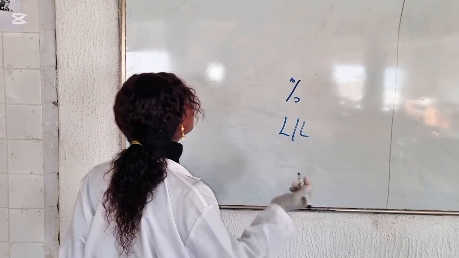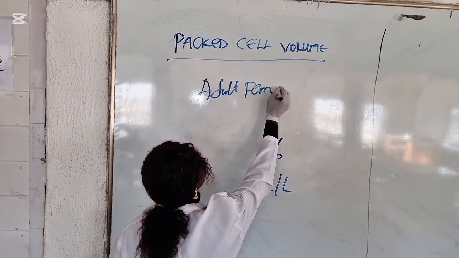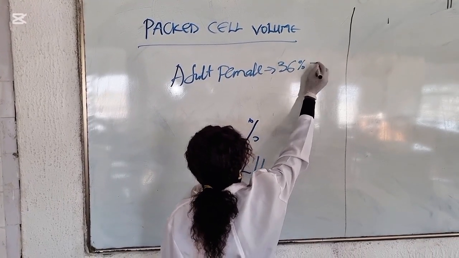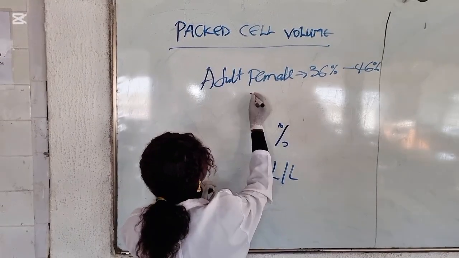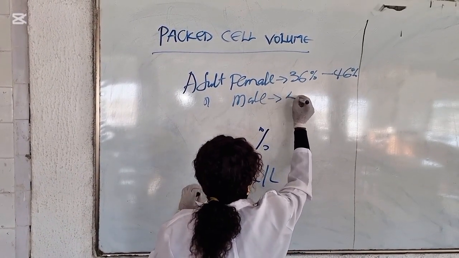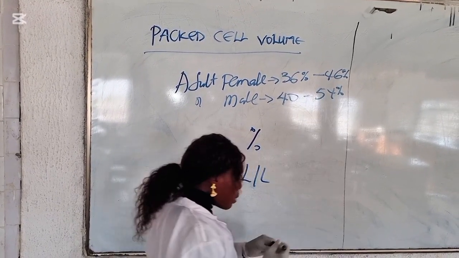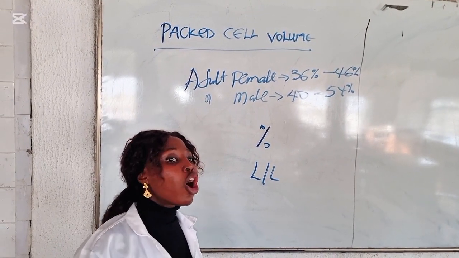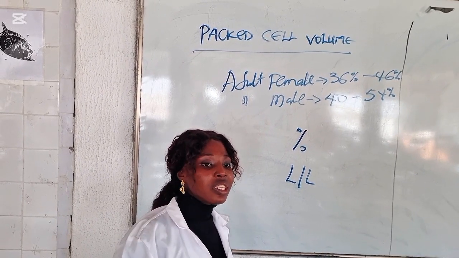Don't forget that the reference range for adult female is 36% to 46%, while the reference range for adult male is 40 to 54%. So tell me in the comment section, do you think this patient is anemic or not anemic? And whatever you say, give your reasons.